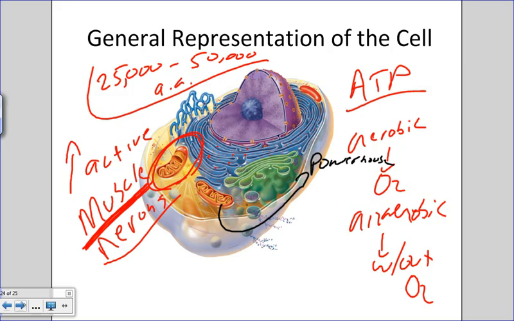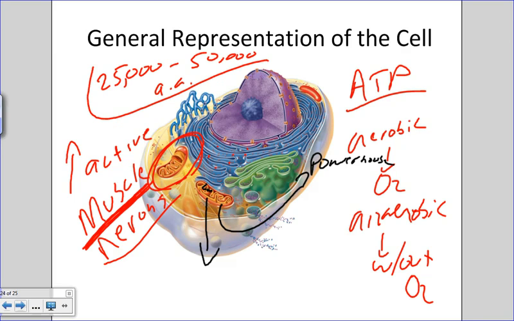Mitochondria are unique because they actually have their own DNA. When you look inside these folds called cristae of the mitochondria, there is actually DNA in here. It's called mitochondrial DNA. What's interesting is that, from an evolution standpoint, it's believed that mitochondria evolved from other organisms like some kind of bacteria.